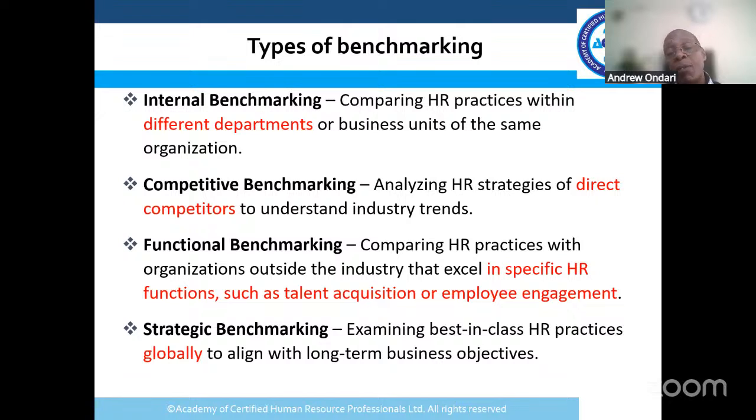And then you can also do functional benchmarking in other areas like compensation, which we have mentioned, others like health and safety, and others like employee welfare. If I may talk briefly about employee welfare, that the well-being of an employee is very important. And one of the emerging trends today is focus on employees' mental health.